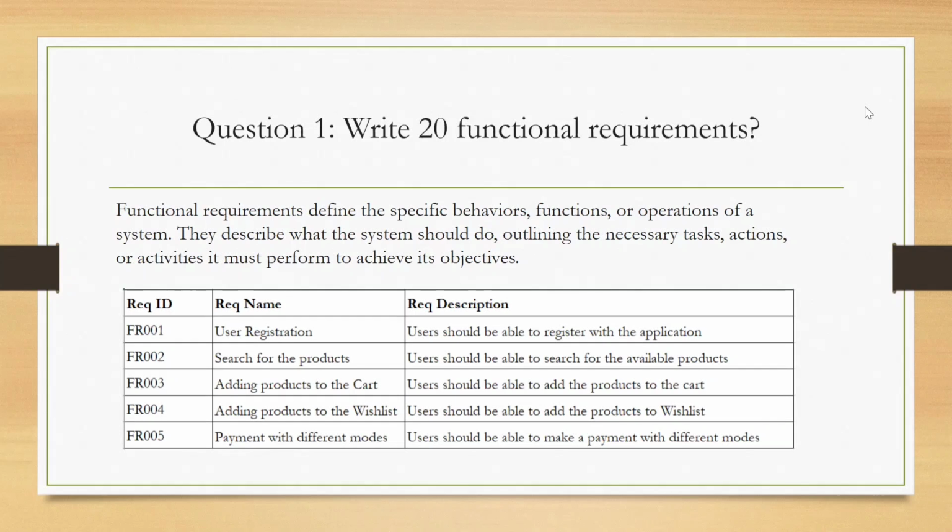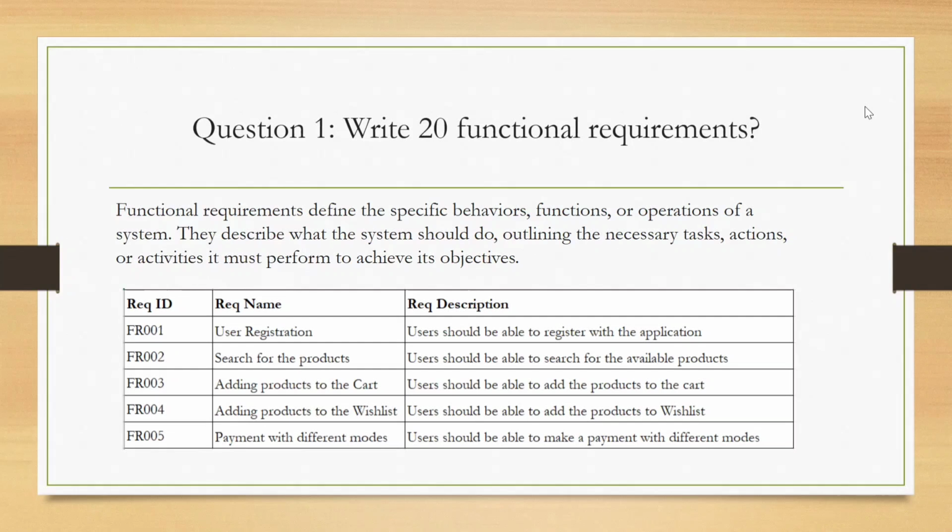And we will be making the actions. Actions means user registration, the user can search for the products, the user can add the products to the cart, and add products to the wish list, like that. All this comes under functional requirements: what the system should do.